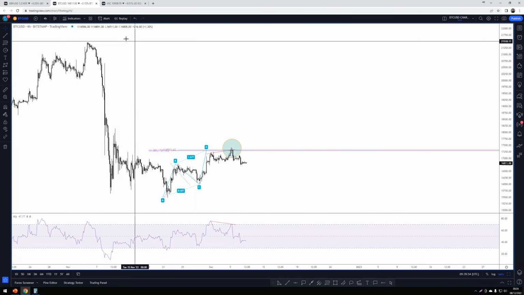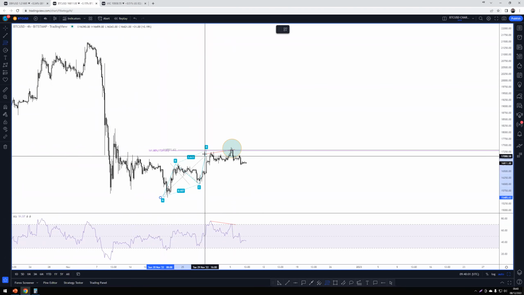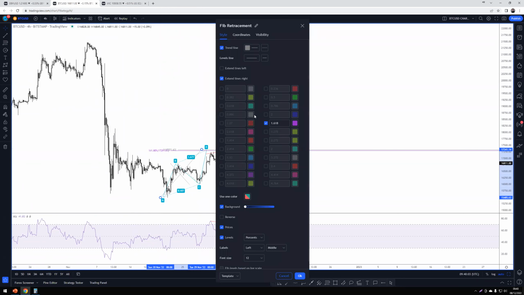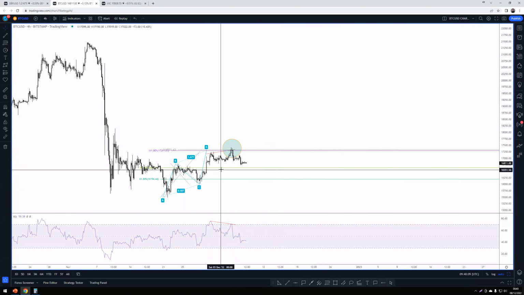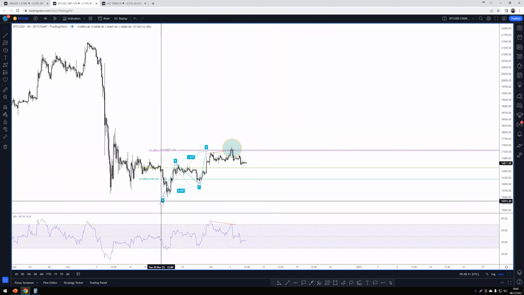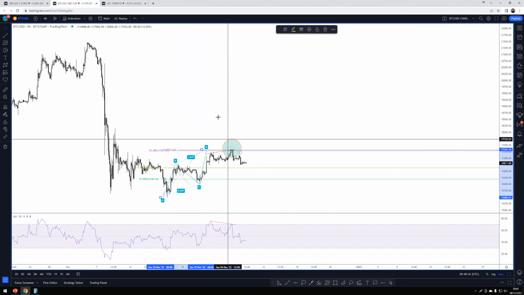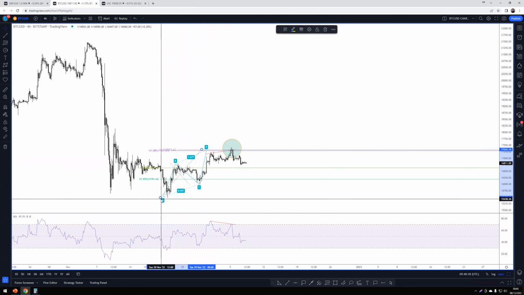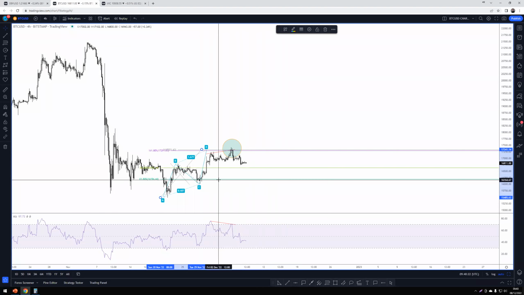Now, in terms of take profit targets, in terms of the AB equals CD, Carney offers us this. He looks at the 38.2% and 61.8%, derived from legs A to B. So as you can see, I have extended that, follow the highlighted points, point A to point B. And that extends our 38.2% and our 61.8%.